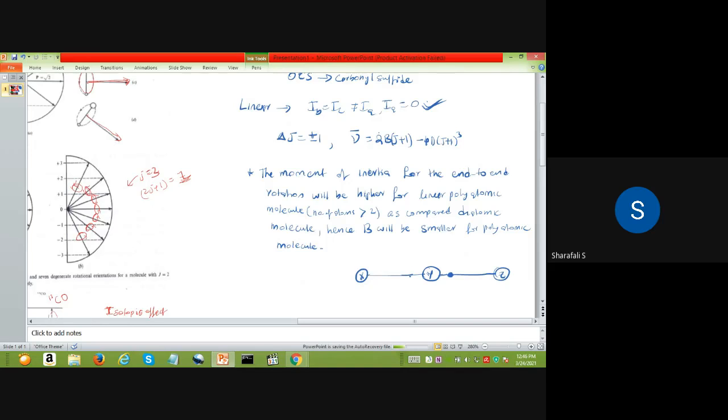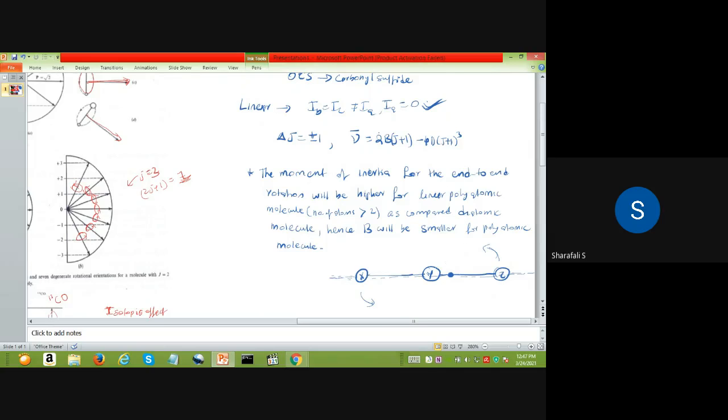In the case of a triatomic molecule, we are talking about the end-to-end rotation. This axis is the principal axis of this molecule, or the molecular axis, we say. Apart from that, if you consider the end-to-end rotation like this, we have a moment of inertia which is larger. Why is it larger? Because we have 3 different atoms, so the mass will be larger, because we have to consider 3 different atoms.